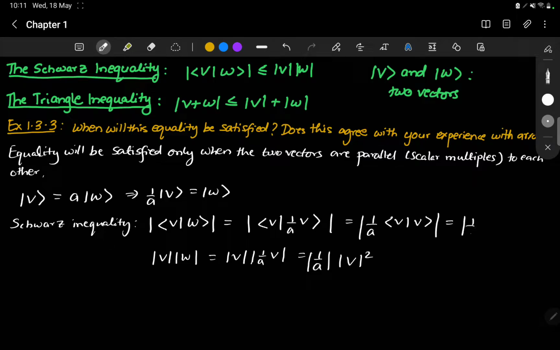If we simplify, this is magnitude of V squared.